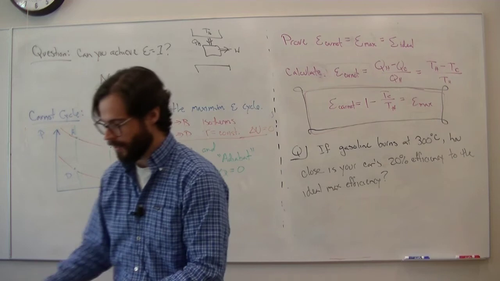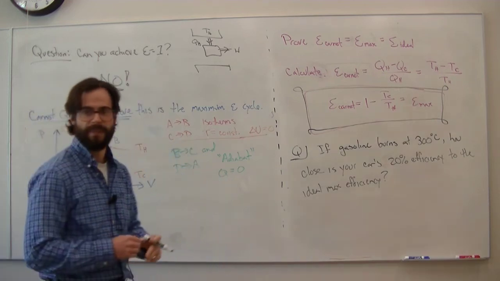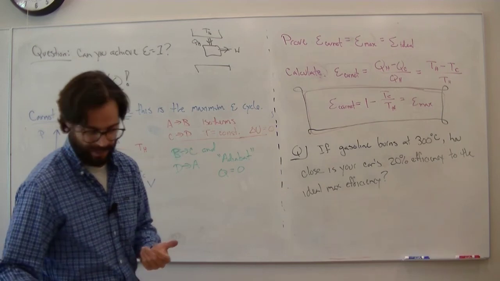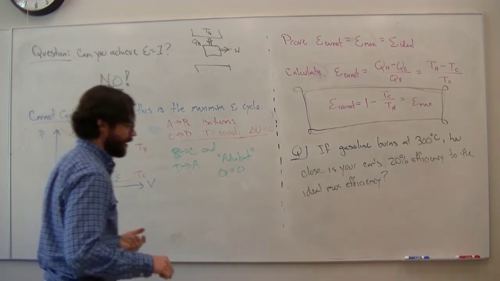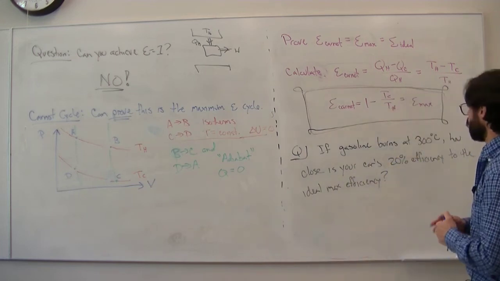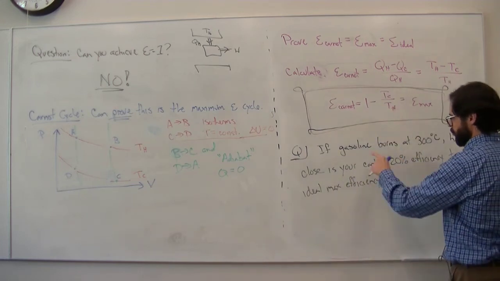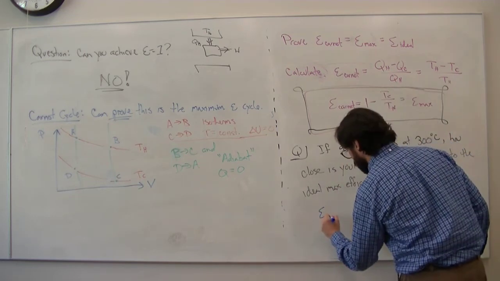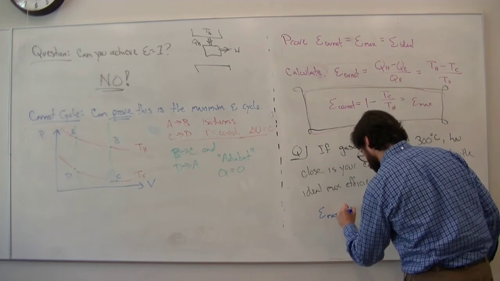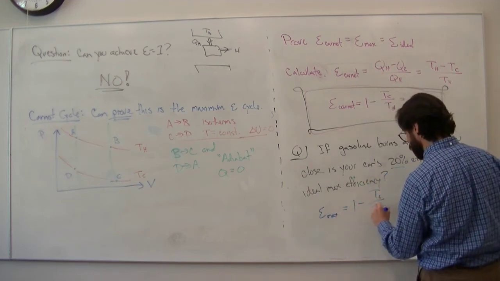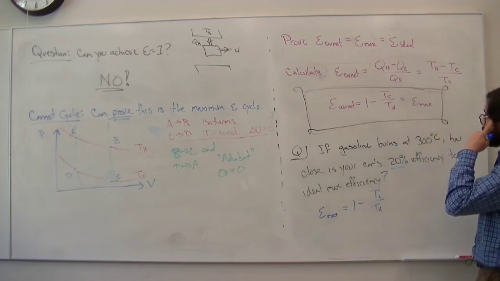So let's see how good your car did. And as usual, there's kind of a sneaky surprise in this, or an attempt to trick you, I suppose. So we have our car's efficiency, so let's calculate the maximum efficiency, which would be the Carnot efficiency, which would be 1 over Tc minus Th, 1 over cold minus hot.